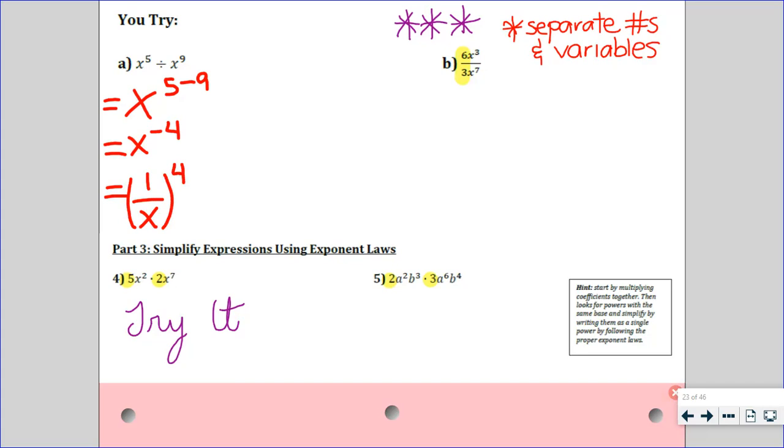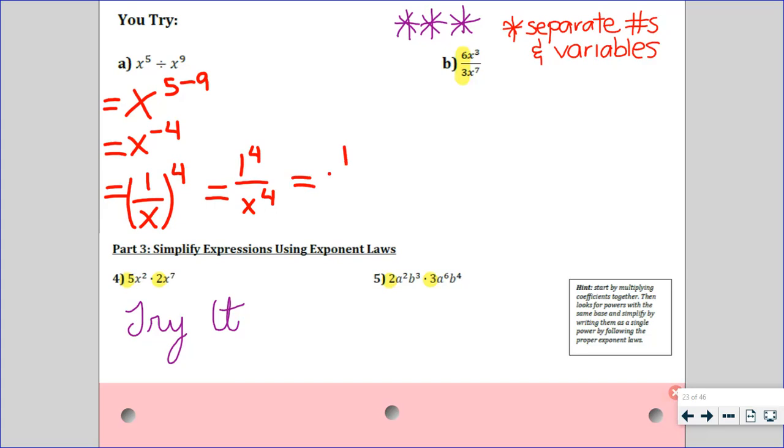So our exponent of 4 applies both to the numerator and the denominator. So we have 1 to the power of 4 over x to the power of 4. Can anyone tell me what we would get for our numerator? 1 to the power of 4. 1 times 1 times 1 times 1. Perfect. And x to the power of 4, does that change at all? Awesome.